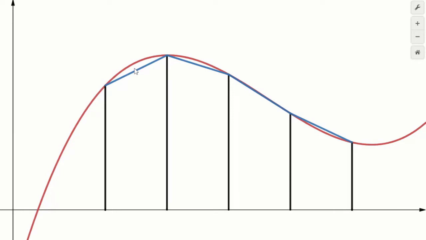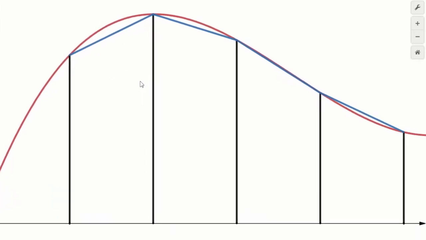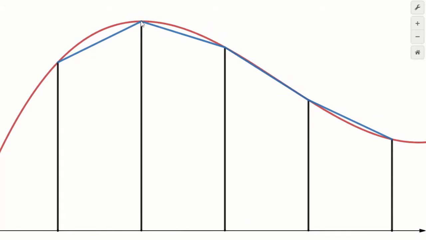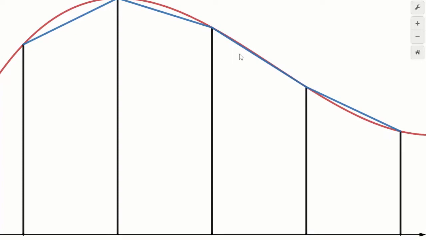You can see again that none of our trapezoids here is exactly equal to the area inside of that interval. This trapezoid is a little under. This trapezoid is also a little under due to that white space. But this trapezoid may be a little under and also a little bit above. And this trapezoid in the fourth interval is completely above.